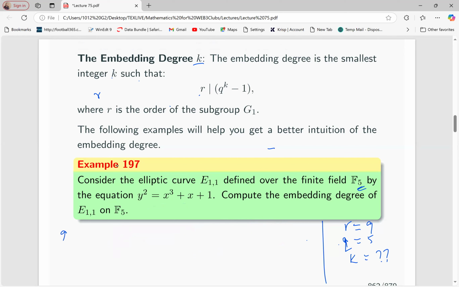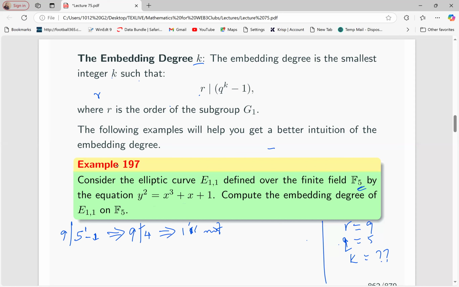R is 9. Can 9 divide 5 raised to 1 minus 1? 5 raised to 1 is just 5, so that is 4. 9 cannot divide 4, so 1 is not the embedding degree.